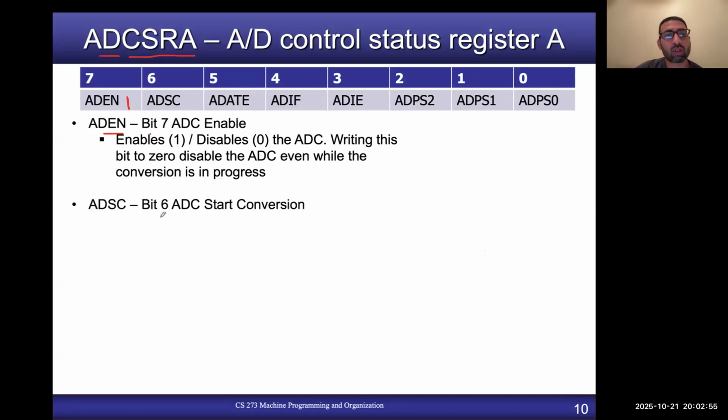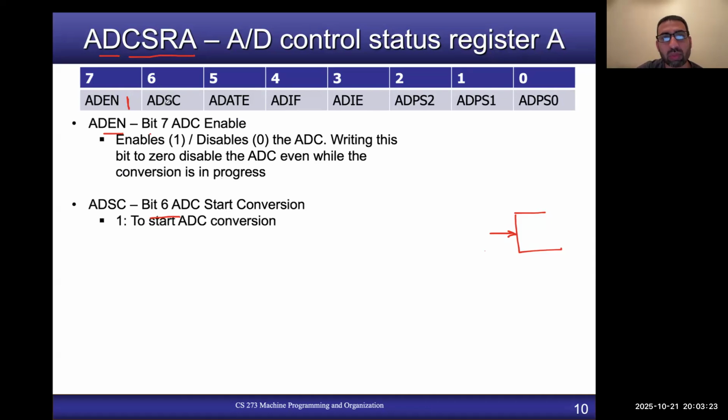Bit 6: remember we said that the ADC takes input from the analog input. The analog voltage is available on the input line, but when should our logic start the conversion? For that, we need to set this bit 6 equal to 1.